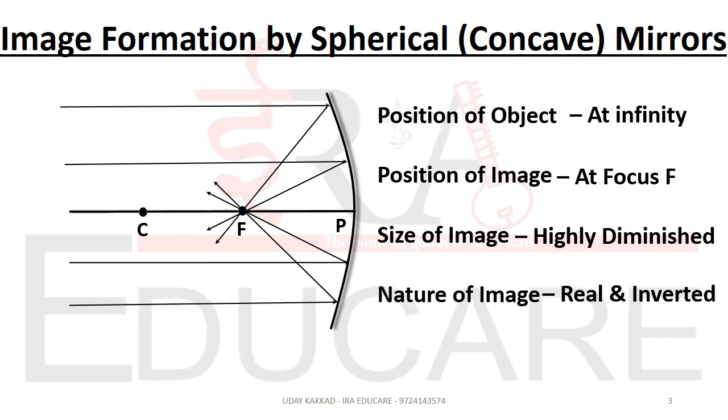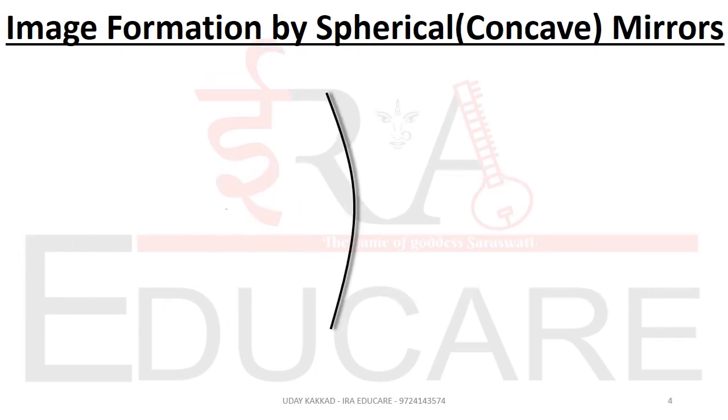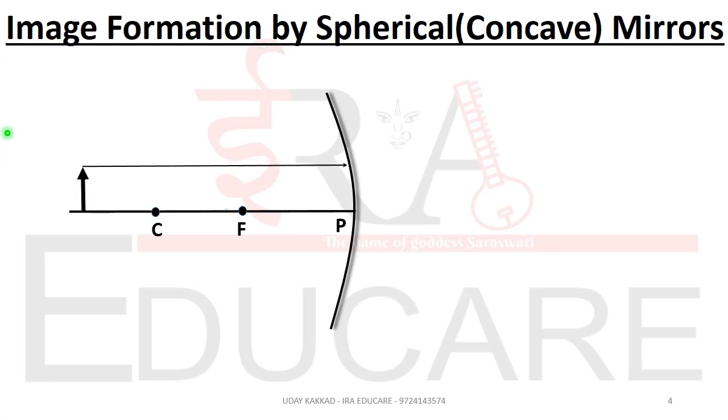Now what is the next position of the object? So your next position of the object is beyond the C, right? Now let's take one ray which is parallel to the principal axis. It reflects and passes through the focus, right? Now one ray is passing through the C and it returns in the same direction.